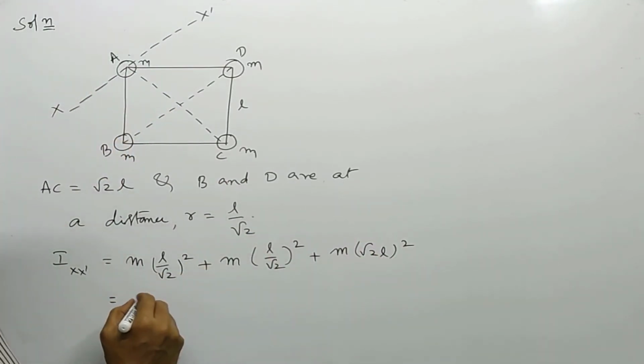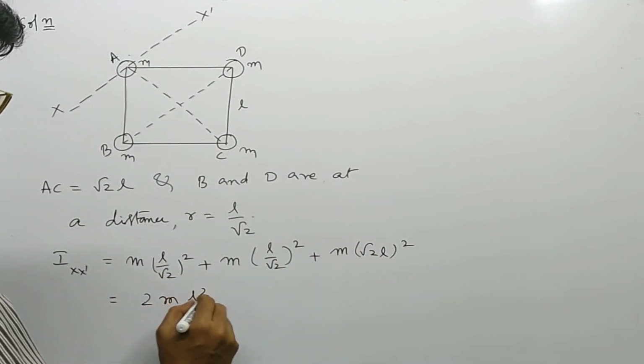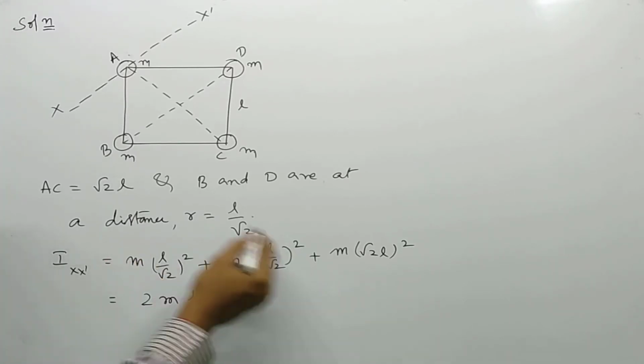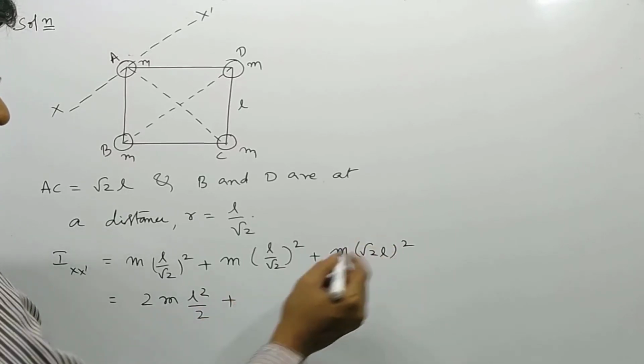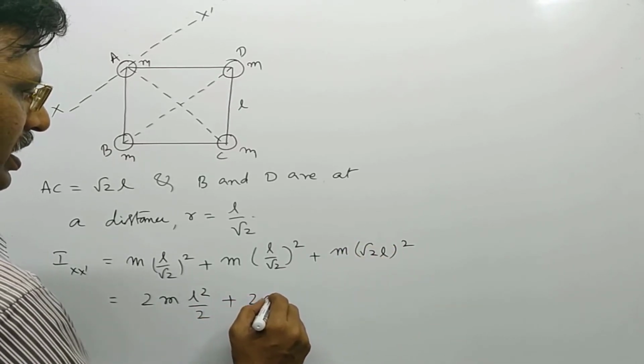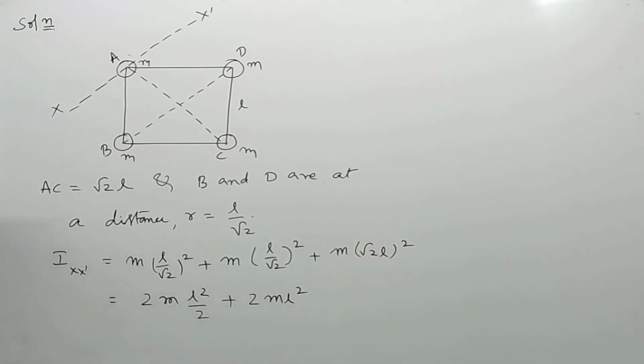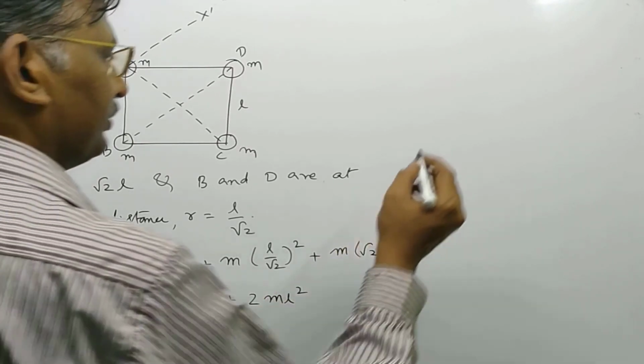So that is equal to 2 m L square by 2 for the first two terms, plus the third term 2 m L square. Here 2 m L square is common. Taking 2 m L square as common, we get 1 by 2 plus 1, that is 3 by 2, into 2 m L square.